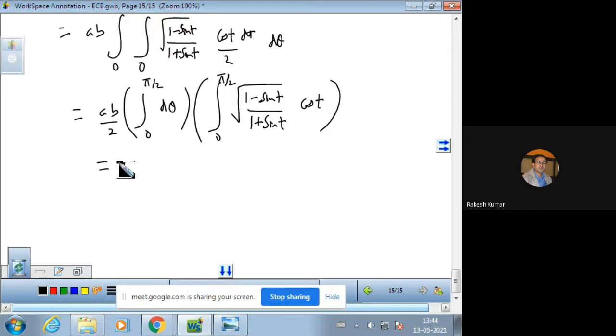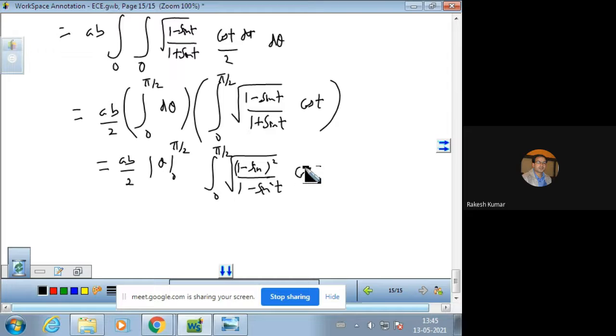Now, this is AB by 2. Its integration will be theta from 0 to pi by 2. Let us integrate this now. For integrating this, we have to use the rationalize method. That will be (1 minus sine t) whole square, in the denominator 1 minus sine square t, into cos t dt.